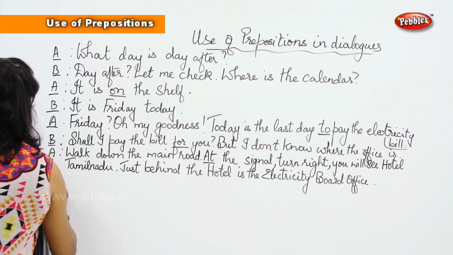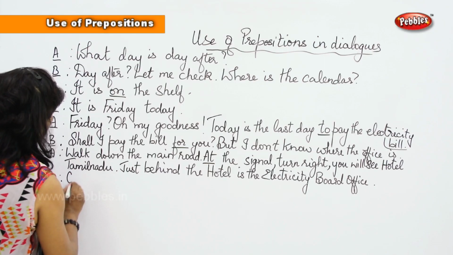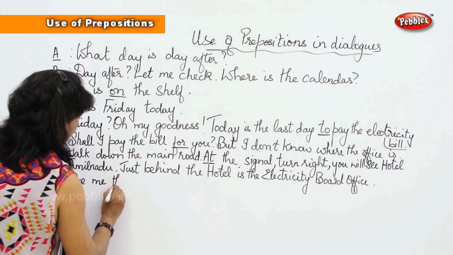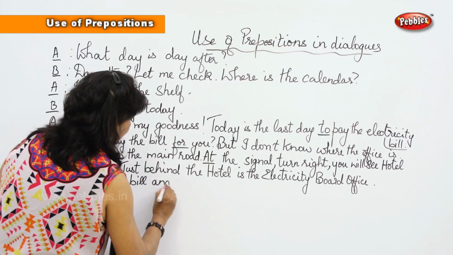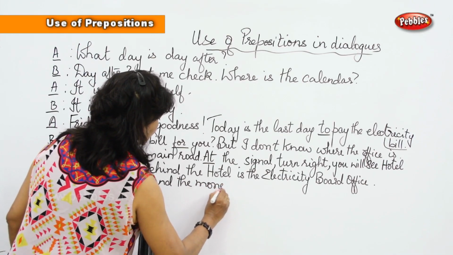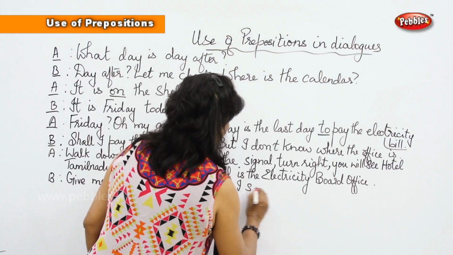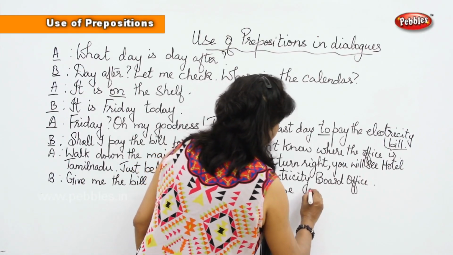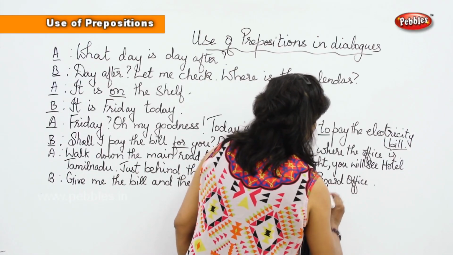B says, give me the bill and the money. I shall be back in a minute.